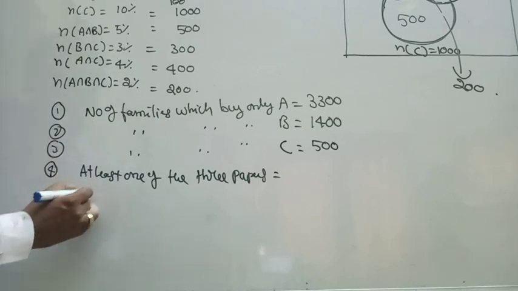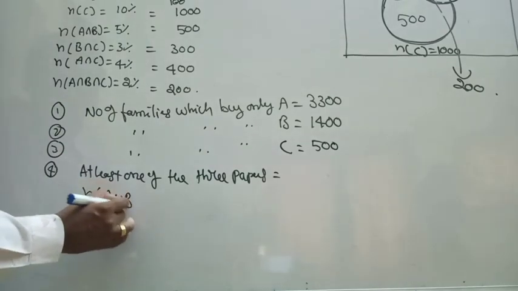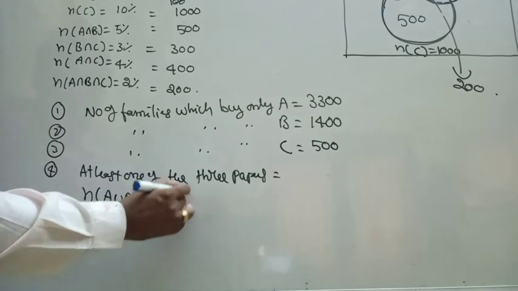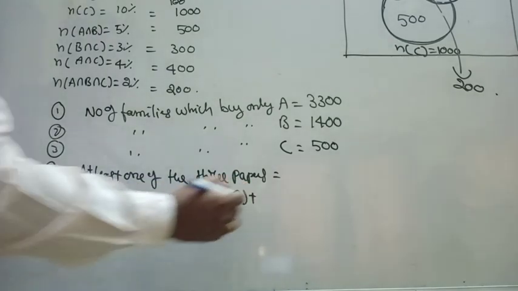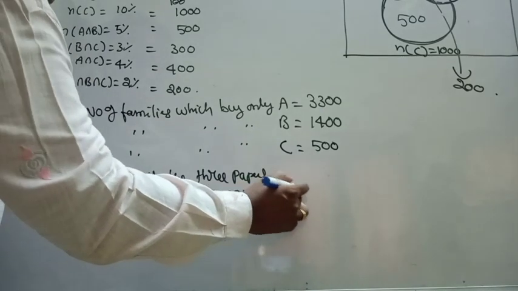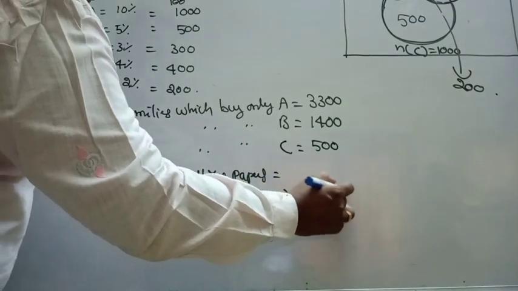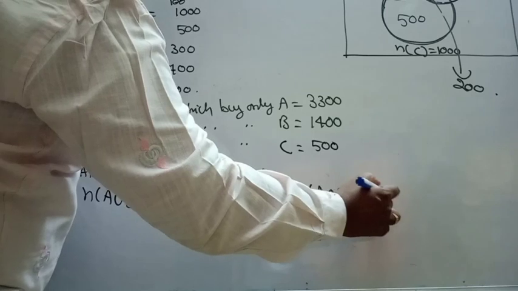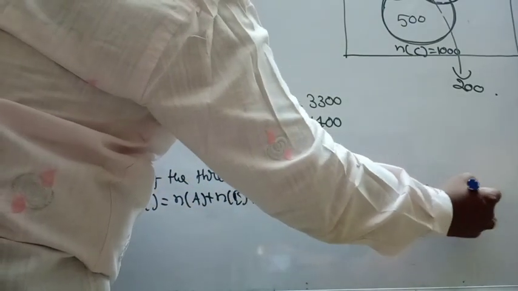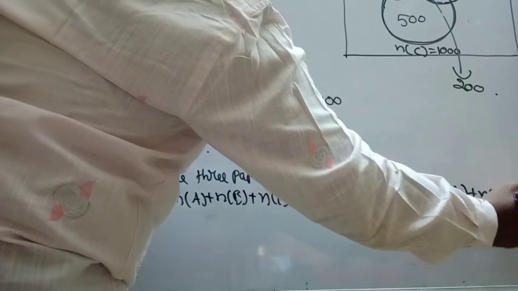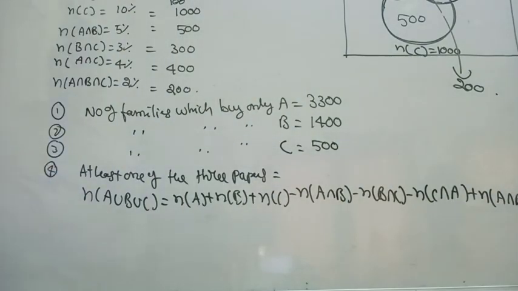N of A union B union C is equal to N of A plus N of B plus N of C minus N of A intersection B minus N of B intersection C minus N of C intersection A plus N of A intersection B intersection C. Very good.